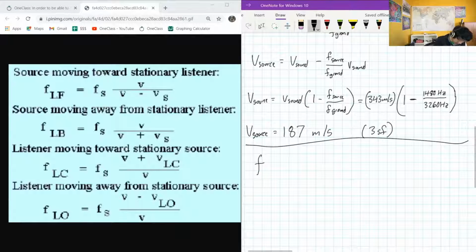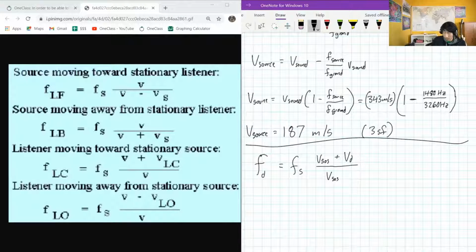So the equation that we want to start off with is listener moving towards stationary source. So for the listener, let's just call that FD for diver, is equal to the F of the source times the speed of sound plus the velocity of the diver, all divided by the speed of sound.